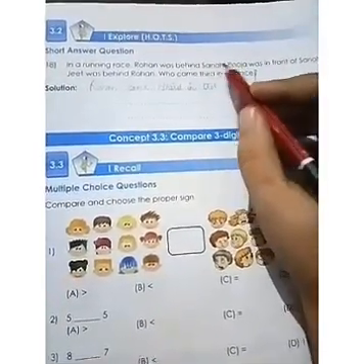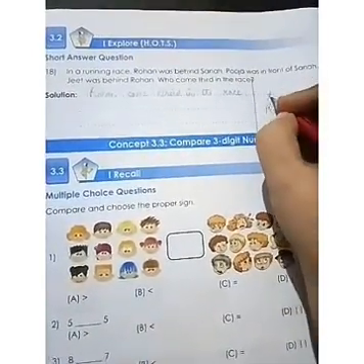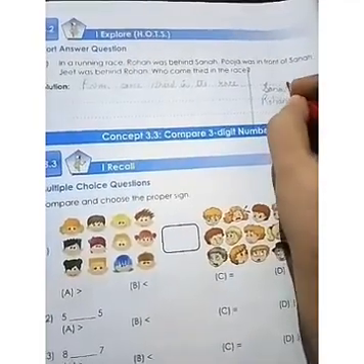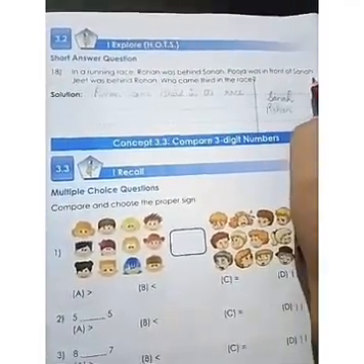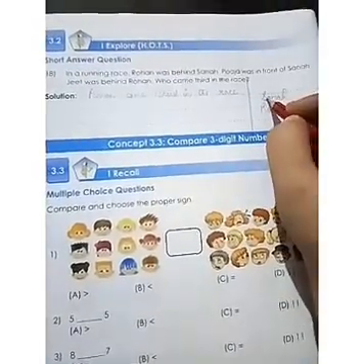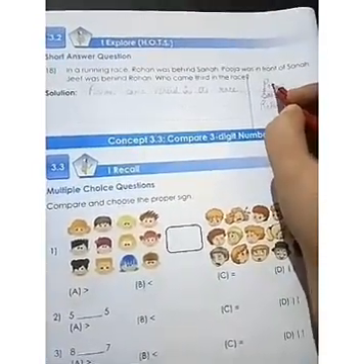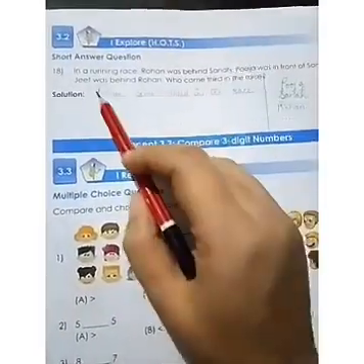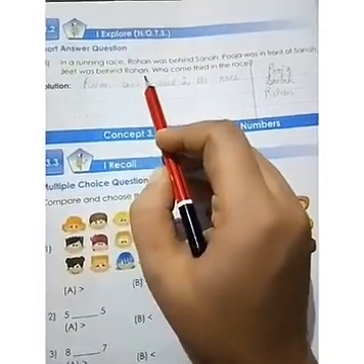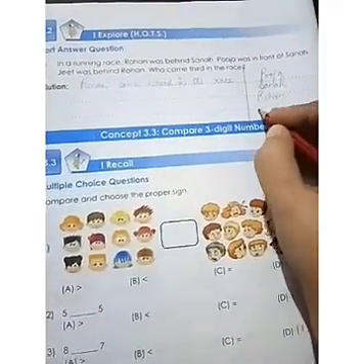And he was behind Sana. That means Sana was in front of Rohan. Alright. Then Pooja was in front of Sana. Okay. So Pooja will come here. So Pooja was in front of Sana. Okay. And Jeet was behind Rohan. That means after Rohan, Jeet will come.